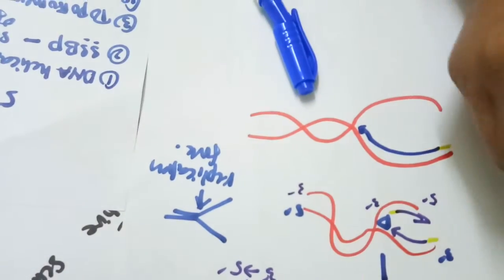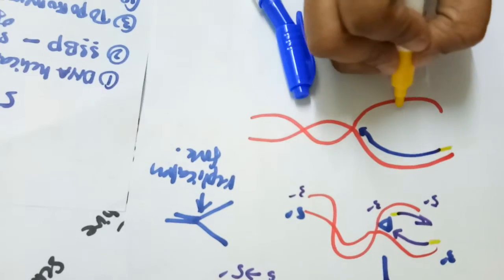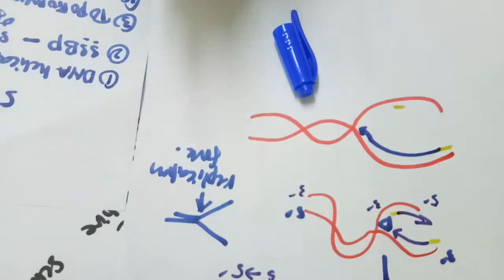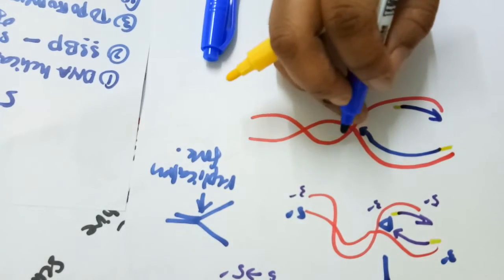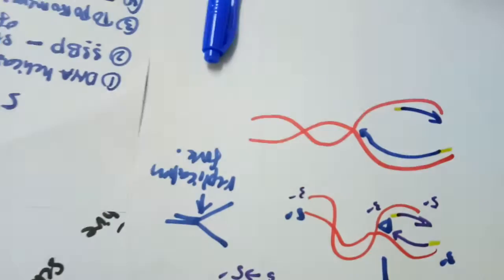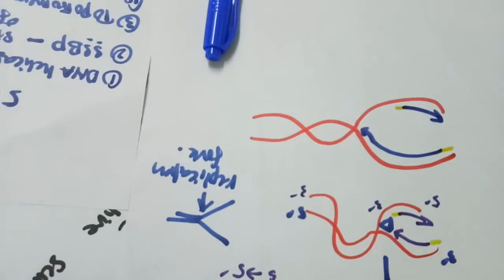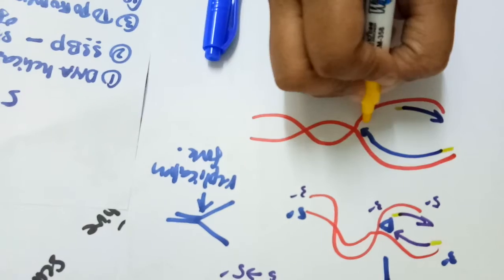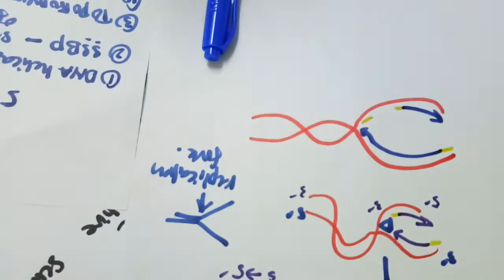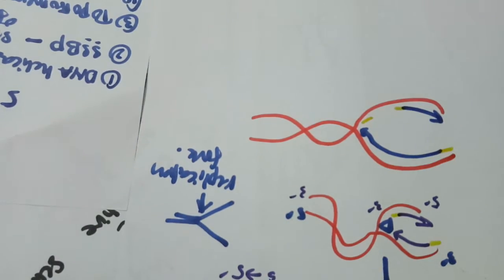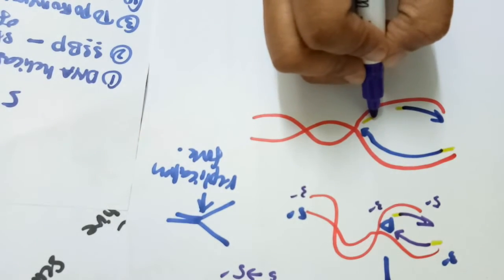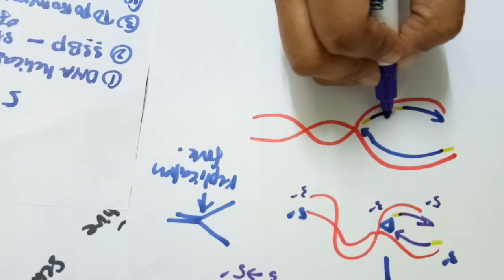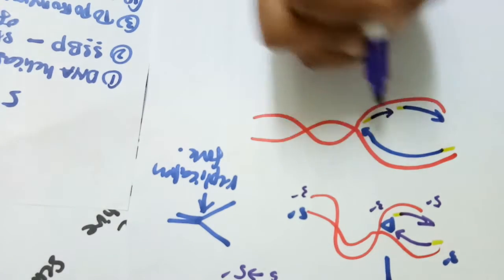The other one has the first RNA primer and goes this way. Once the DNA double helix opens, the RNA primase will add another RNA primer, and DNA polymerase 3 will synthesize the second strand of the DNA.